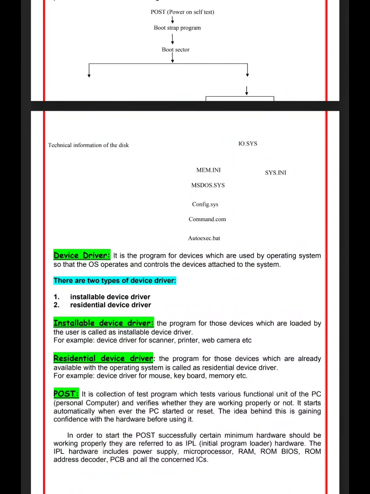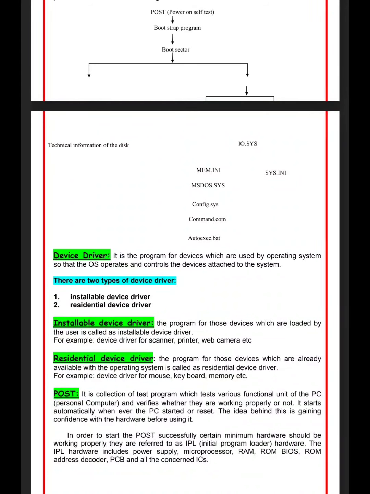For example, device drivers for scanner, printer, web camera, etc. Resident device driver: the program for those devices which are already available with the operating system. For example, device drivers for mouse, keyboard, memory, etc.